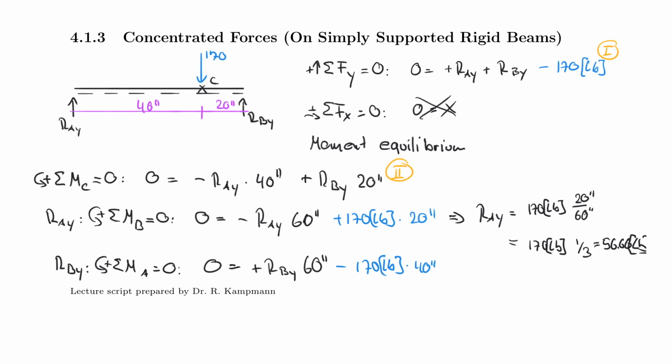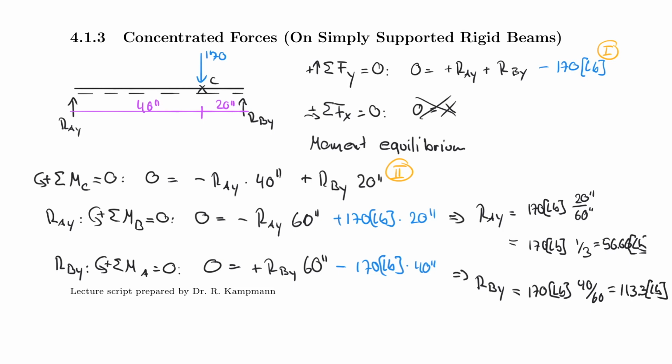So therefore, I can now calculate my numbers. My RBY is equal to 170 pounds times 40 divided by 60, which then comes out to be 113.33 pounds.